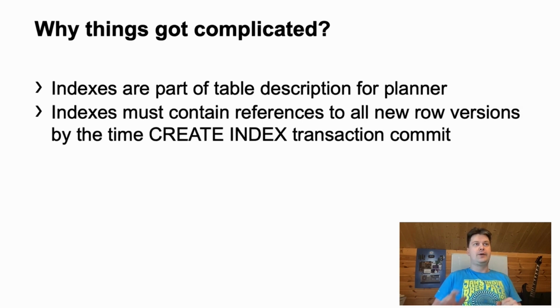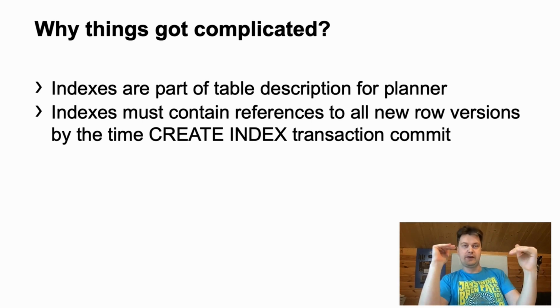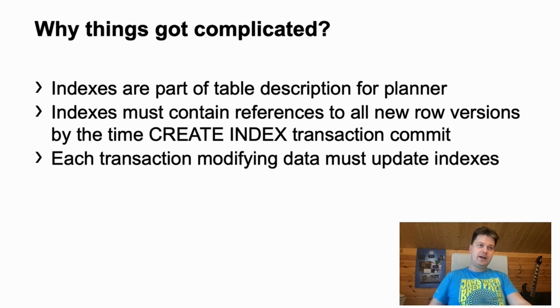Also, when you are creating an index, you must be sure that when the index is created, it has references to all tuple versions that are in the table, created by running transactions. And finally, each transaction modifying data must update indexes too. So running transactions must get to know that the index exists to update it.